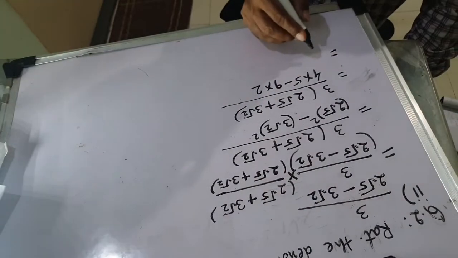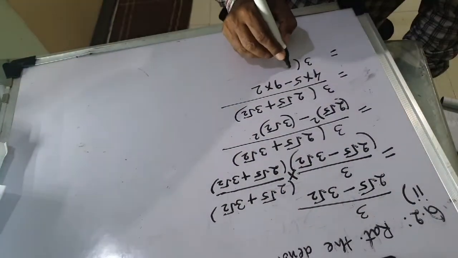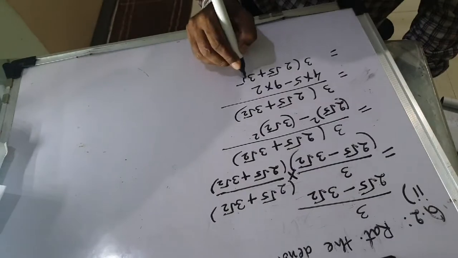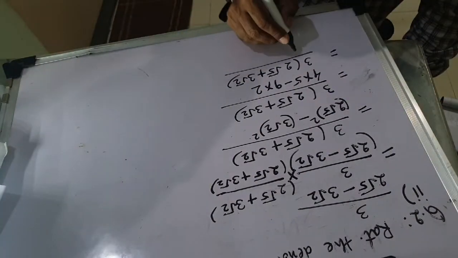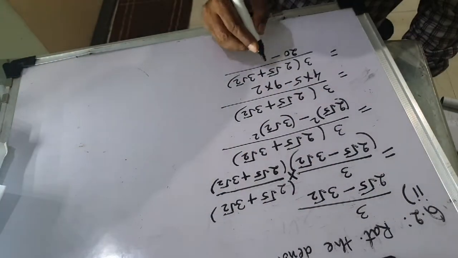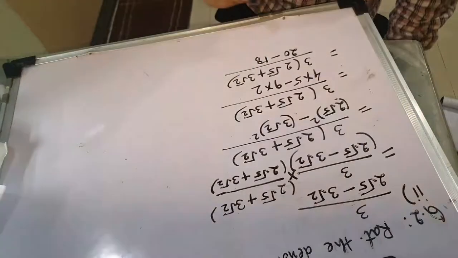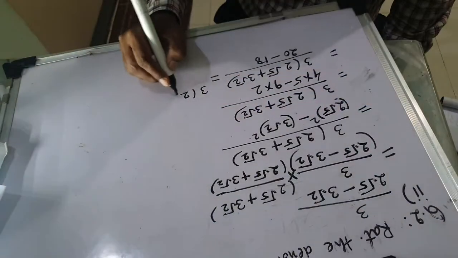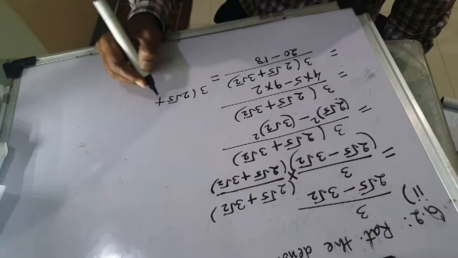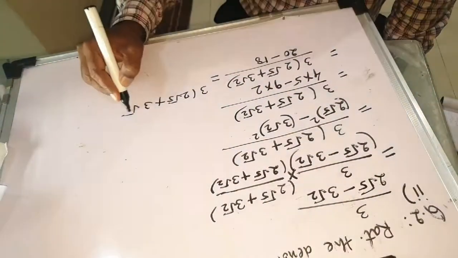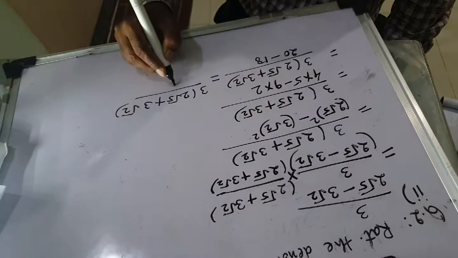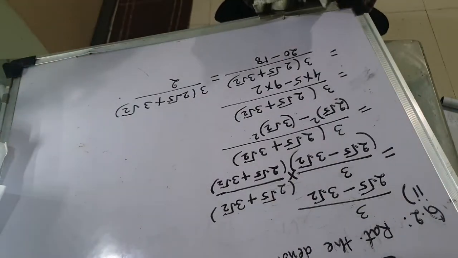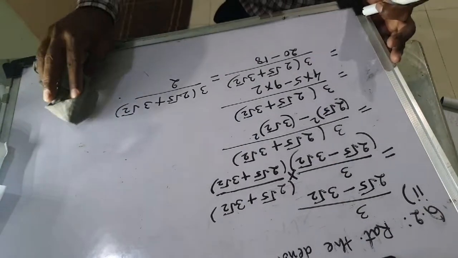That is equal to 3 into 2 root 5 plus 3 root 2 upon 4 fives are 20 minus 9 twos are 18, and the last answer would be 3 into 2 root 5 plus 3 root 2 upon 2. This is the answer for this. Hope that you have understood this sum also. So I am rubbing this.